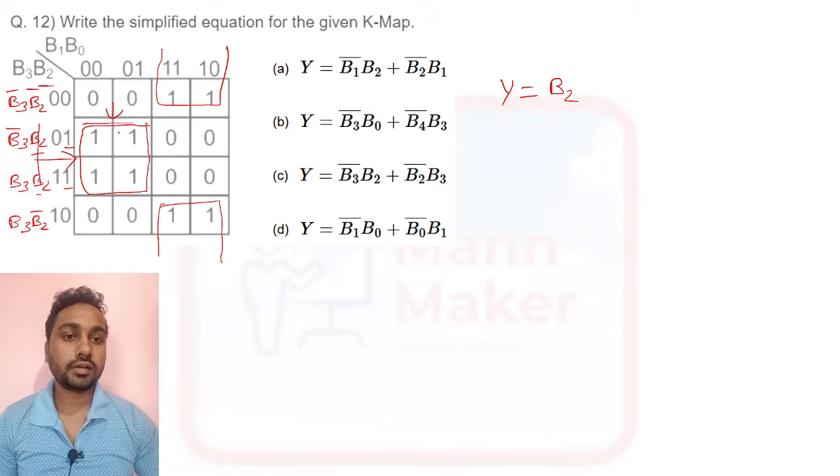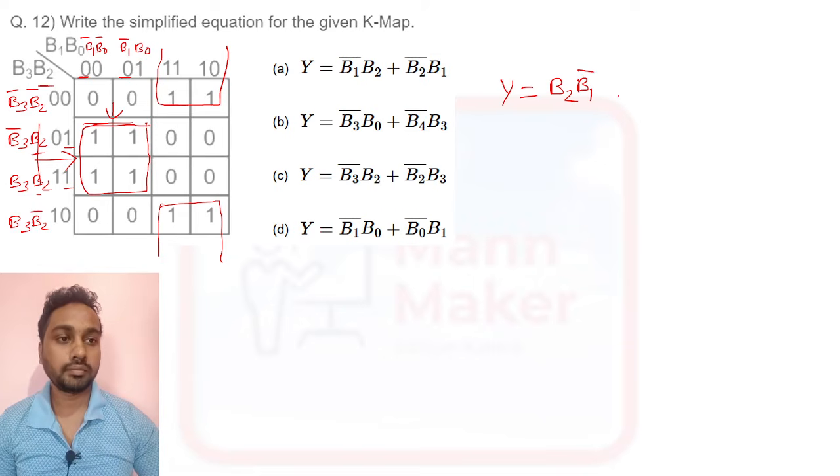Now from this side the common thing is 0. 0 means B1 and B0 bar, so B1 bar is common, so we write B1 bar.